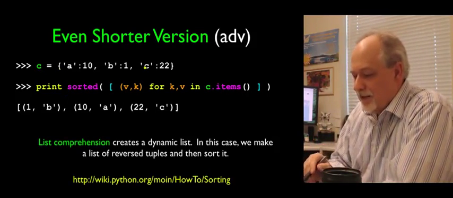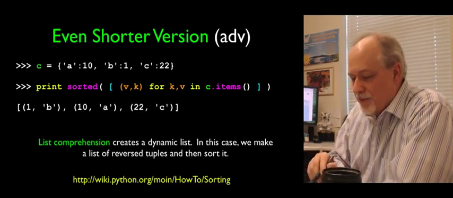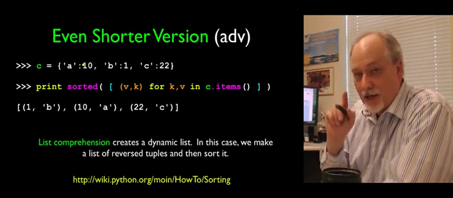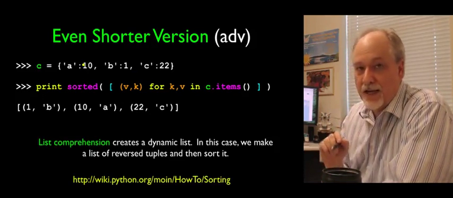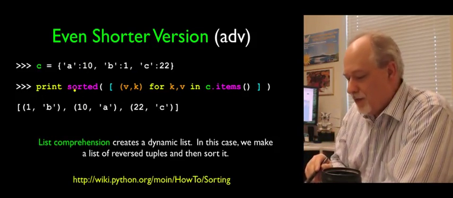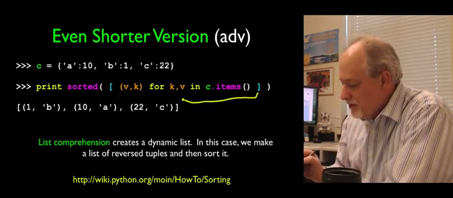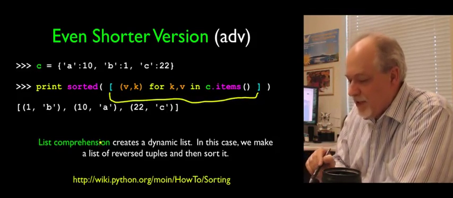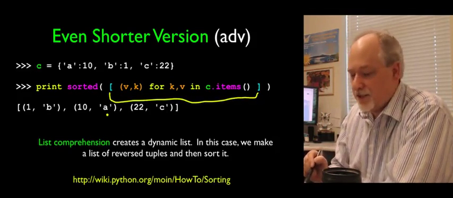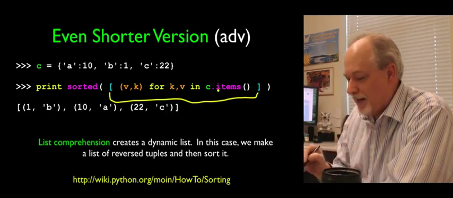I'm going to have a dictionary, and then I'm going to print in one line, sorted by value. So we'll start from the inside out. This is a thing called list comprehension. It looks like a list constant because we start with square brackets.